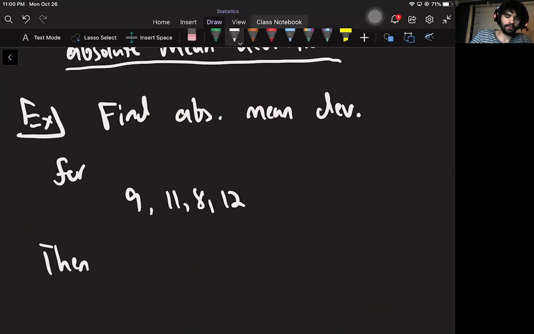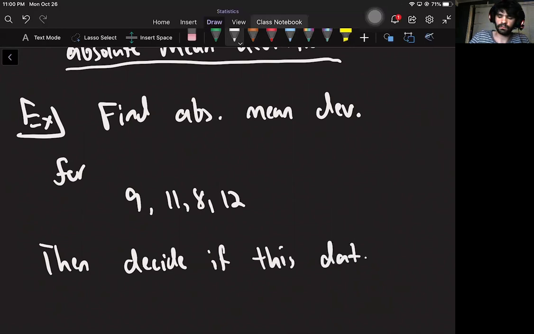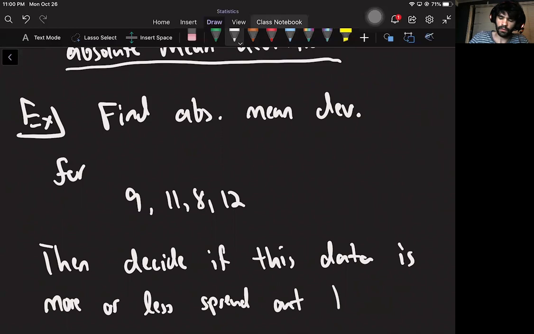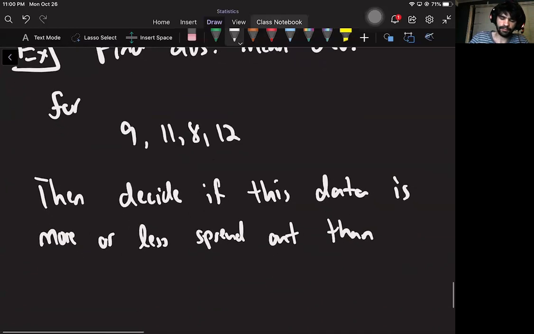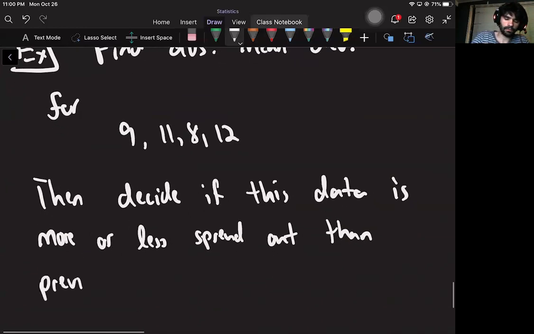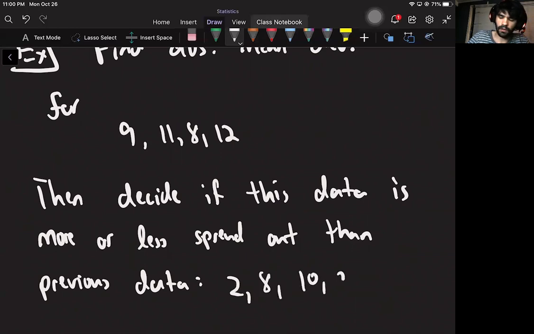So then decide if this data is more or less spread out than the previous, which I'll just rewrite here to remind you. It was 2, 8, 10, and 20.